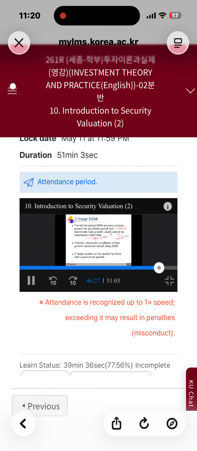Therefore, temporary conditions of high growth cannot be valued using a dividend discount model. In this case, two-stage models can be applied for firms with supernormal growth.